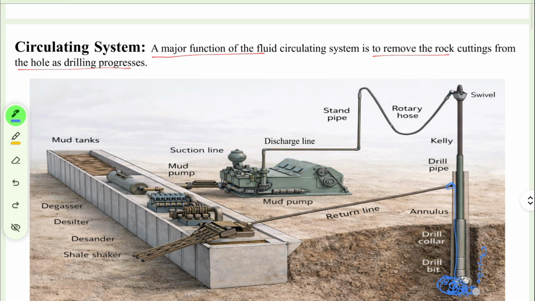They will accumulate at the base, and when they accumulate at the base, at that time what will happen? Your drill pipe or drill string is going to get stuck.